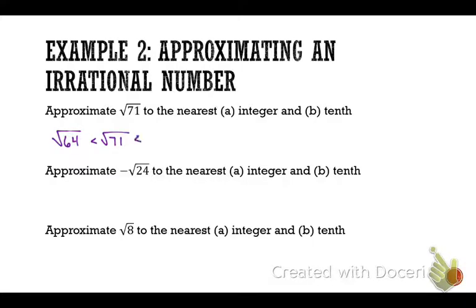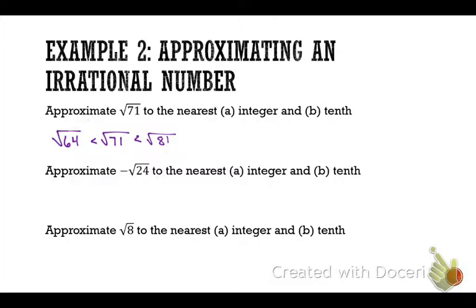But now let's figure out on the high side. Above 71, what's the closest perfect square? 81. Okay, so between those two perfect squares, which one is closer to 71? 64, because there's only 7 units between those two, but there's 10 units between 71 and 81.